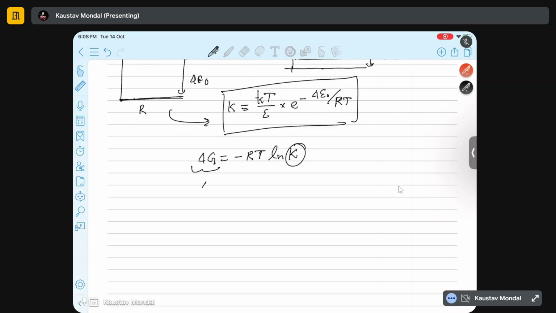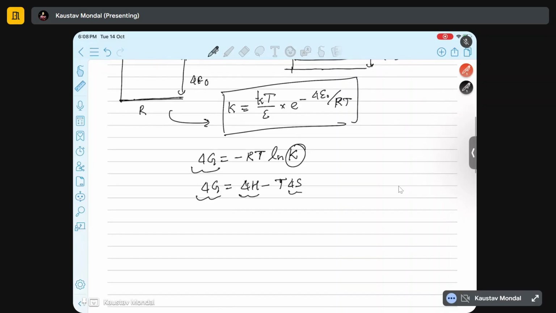And if you know the change in Gibbs free energy, you know that it also depends upon the change in enthalpy and the change in entropy.